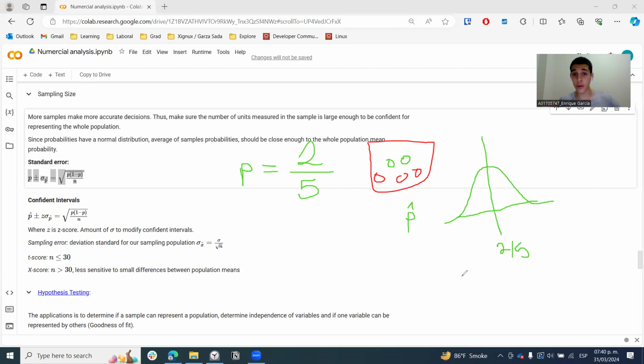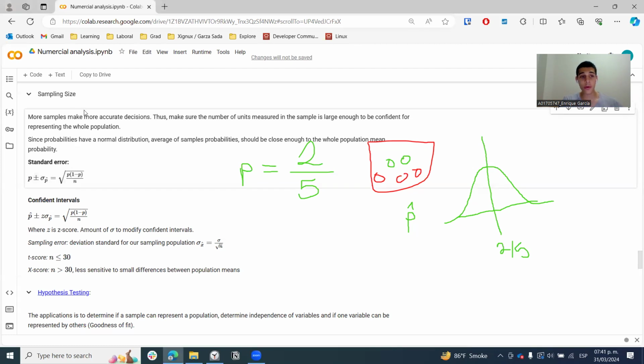The central limit theorem then tells us that the mean of the means would be the mean of the whole population.